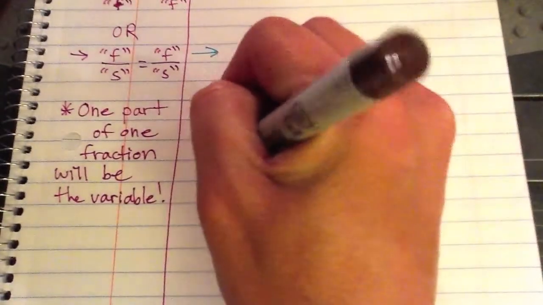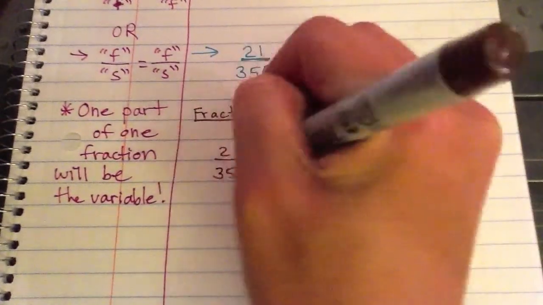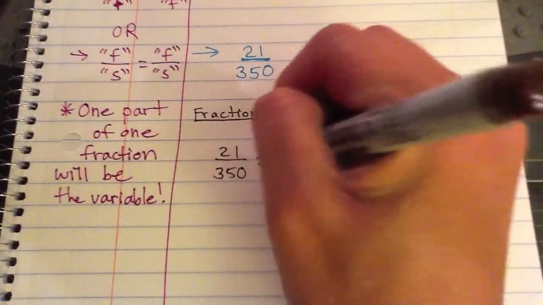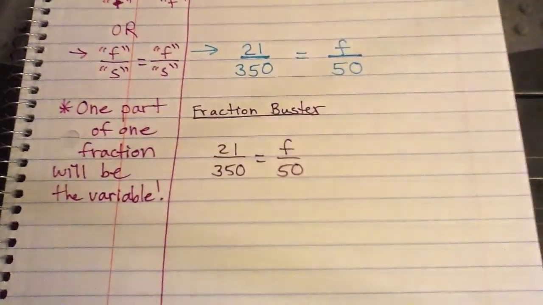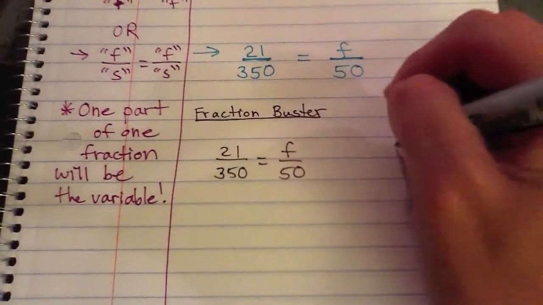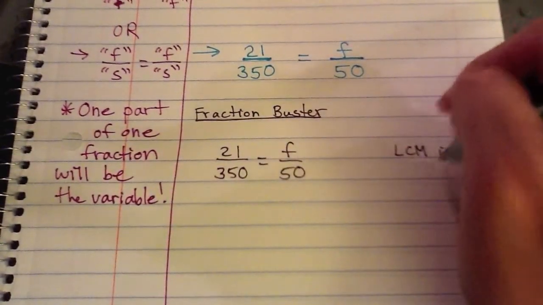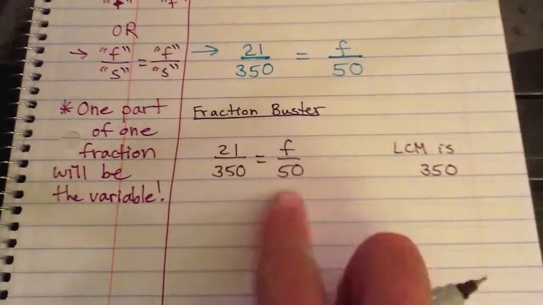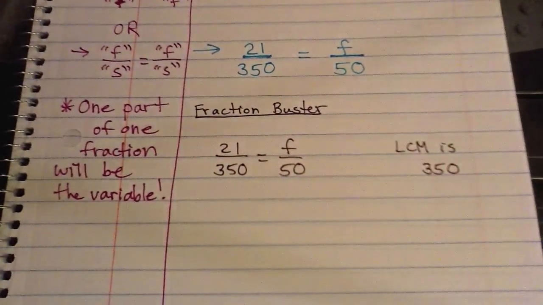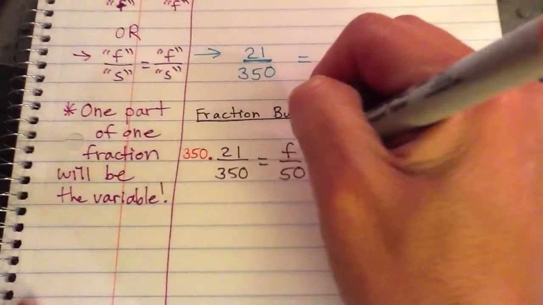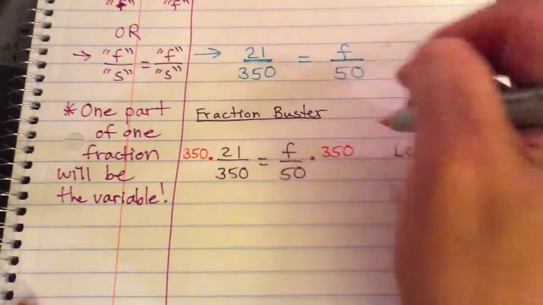So we have 21 over 350 equals f over 50. And I notice that my LCM is 350 because I know 50 goes into 350. So this is going to be really easy because I noticed that. I multiply this by 350 and I multiply this by 350.